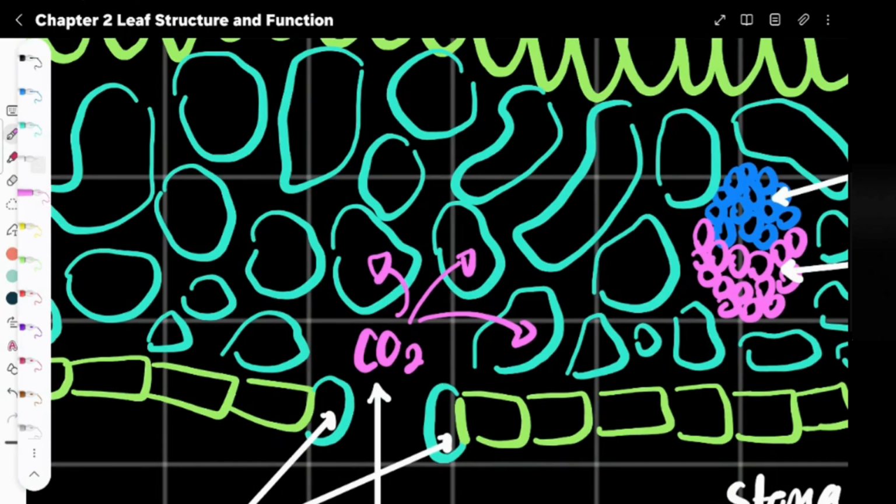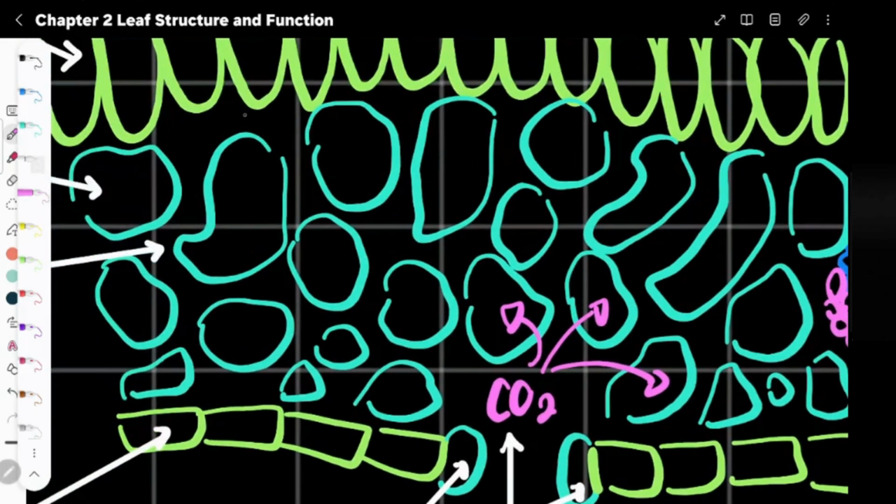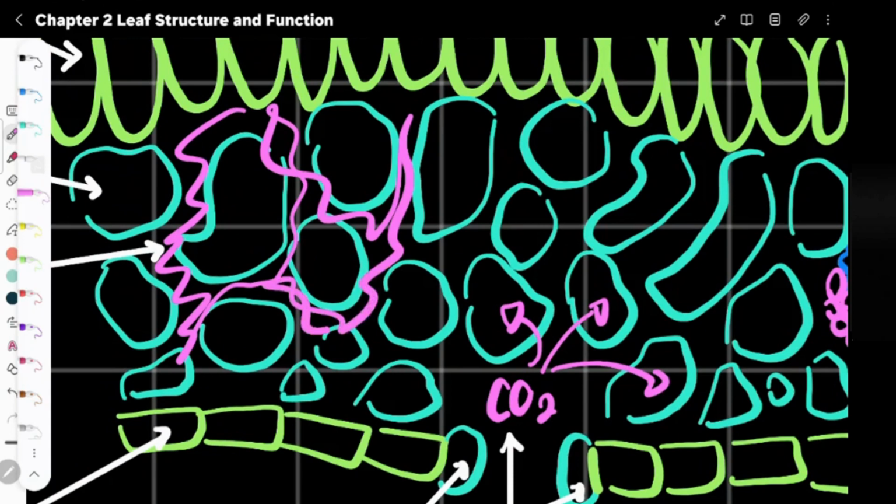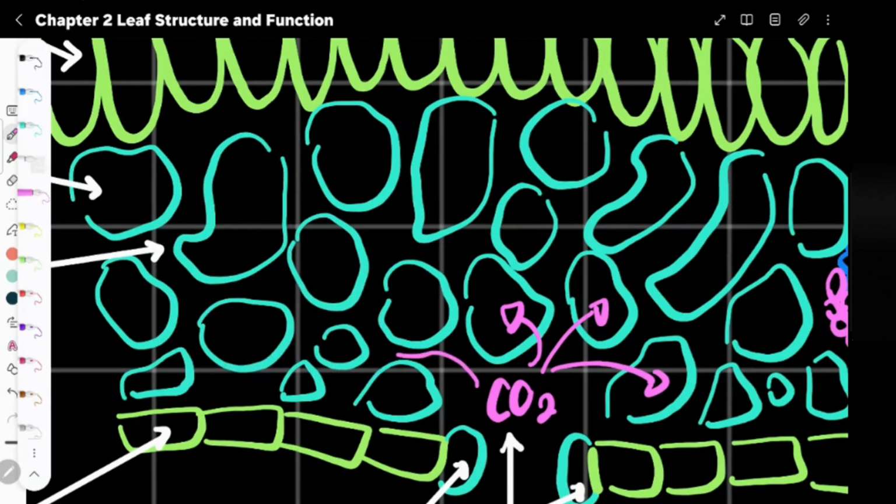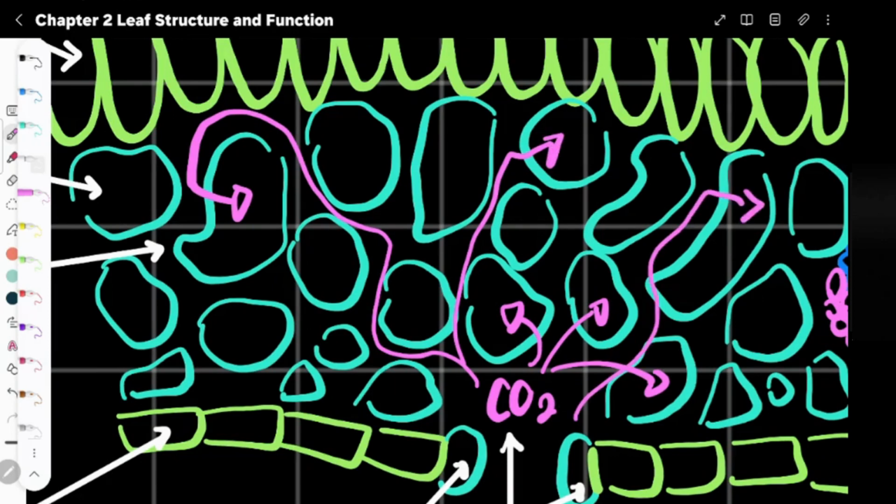If you use common sense, that is why there are so many air spaces here. It's so free, because the carbon dioxide can go around and diffuse anywhere. So that's why it has a lot of air space, to allow the carbon dioxide to diffuse into the spongy mesophyll. So far, do you understand?